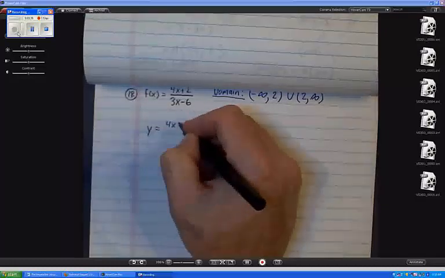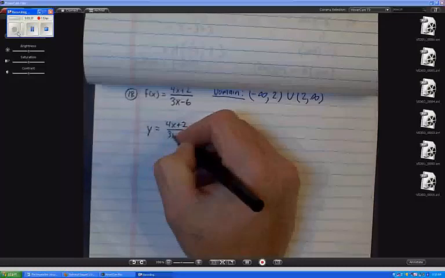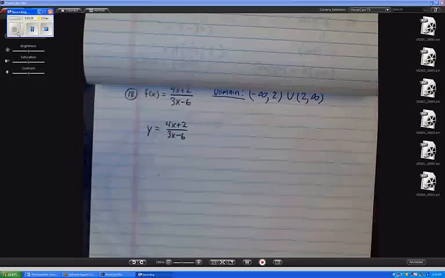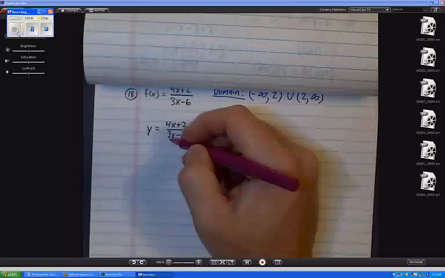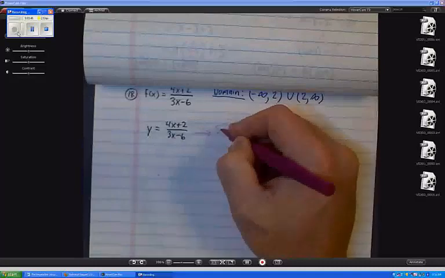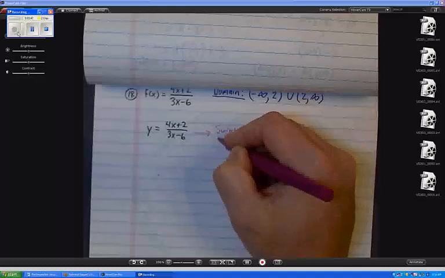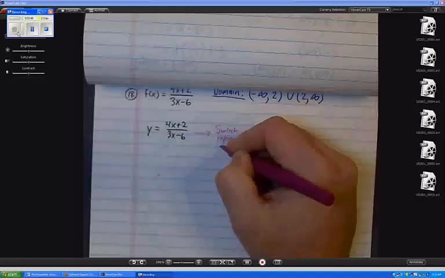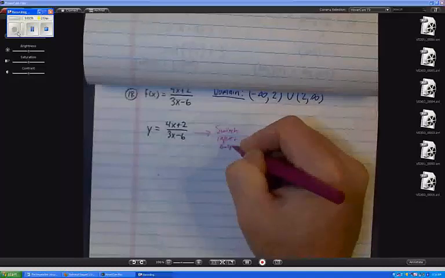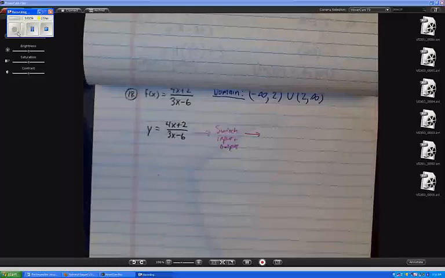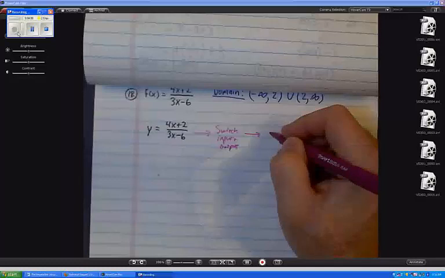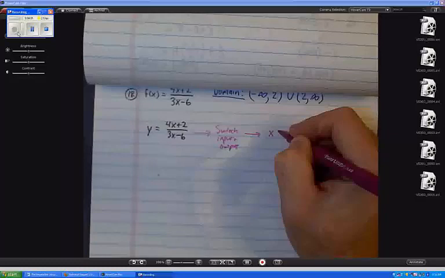Next, we switch input and output. And if I do that, what letters am I switching? X and Y, right? So let's see what I get. I get x equals (4y plus 2) over (3y minus 6).